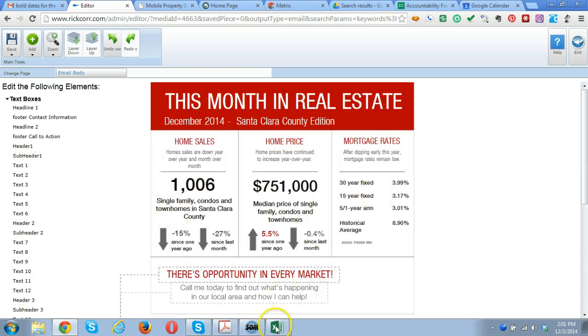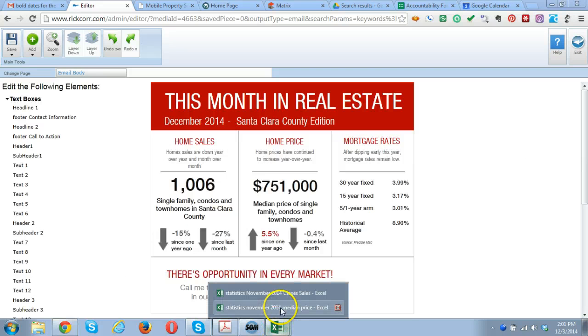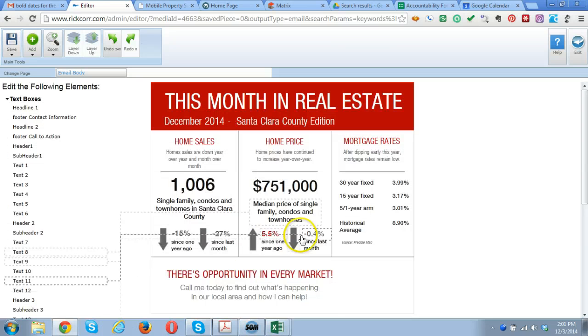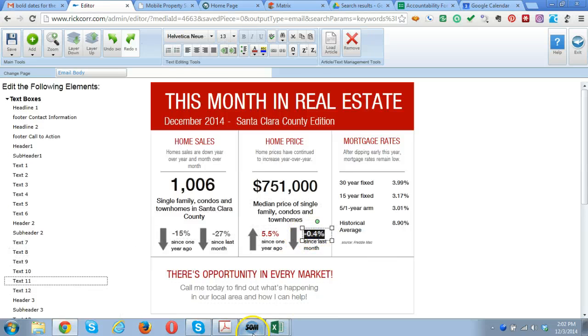And so now we just need the statistics, and so that would be this one here. So we have 1% month over month. So month over month, it says down 0.04, minus 1%. And we put it in the middle because I like it better.